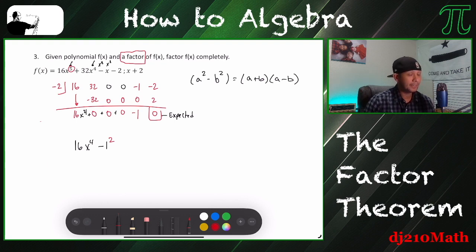Okay, I need to somehow turn 16x to the 4th into a base with a square. 16 can be rewritten as 2 to the 4th, then x to the 4th, right? No change there, minus 1 squared.